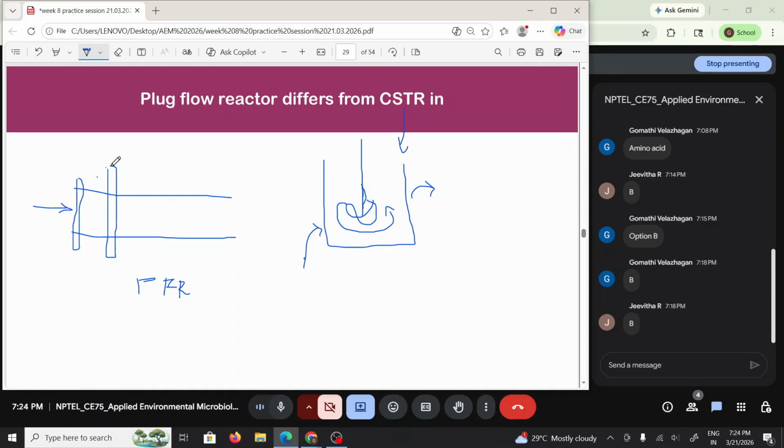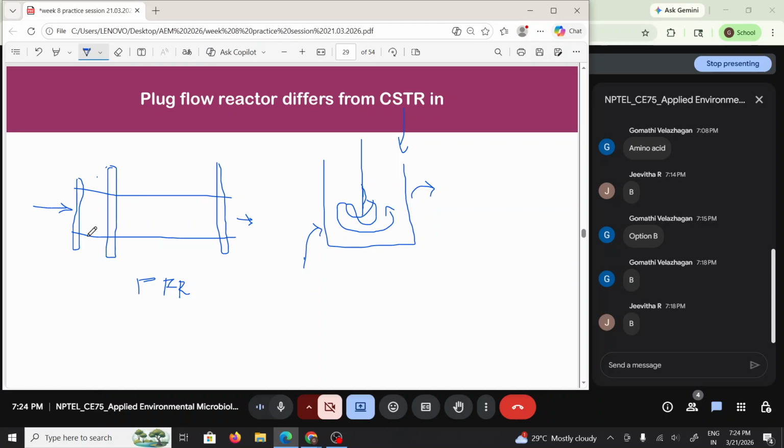The concentration of the pollutant is going to be different here, which is going to be less here. So essentially at this point it will have an even lower concentration, and based on whatever is your treatment efficiency, your wastewater will again come out here. The concentration here, here and here, at any particular point in the plug flow reactor is going to be different, but at this point it is going to be uniform.